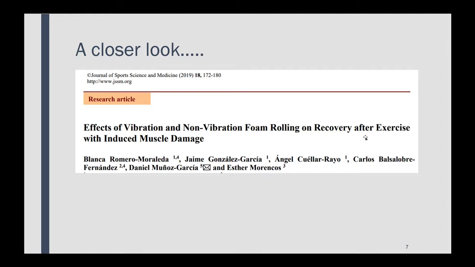But again, the research question is, what are the benefits of foam rolling? Comparing vibration and non-vibration foam rolling. Their specific hypothesis is examining the comparison of these two foam rollers, specifically on measures of recovery after exercise that has induced muscle damage. So something that's probably caused some aspect of DOMS, or delayed onset muscle soreness.